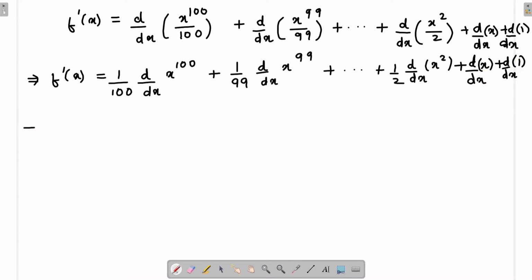So this will imply f prime of x is equal to 1 by 100 times d by dx of x raised to 100. Now we have to see, d by dx of x raised to 100 is of the type d by dx of x raised to n, right, where n is a positive integer.